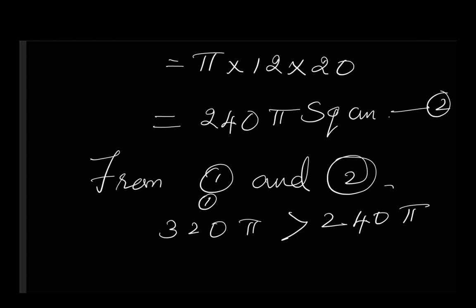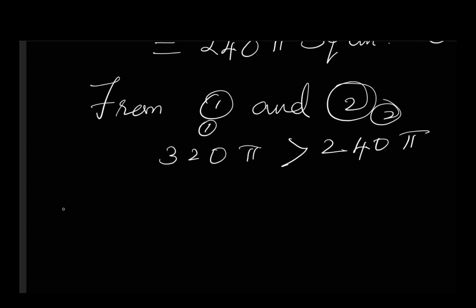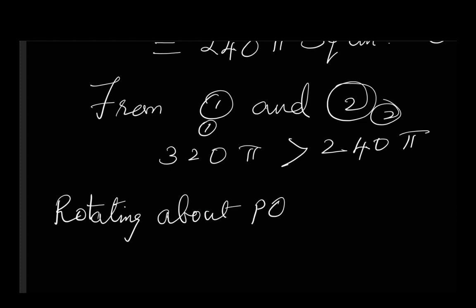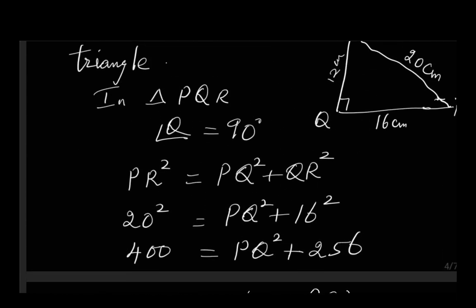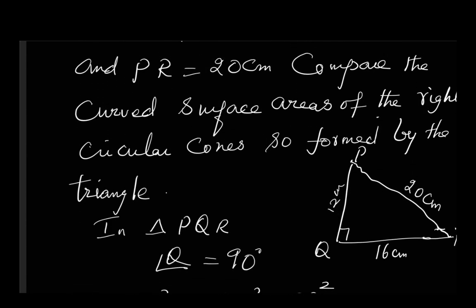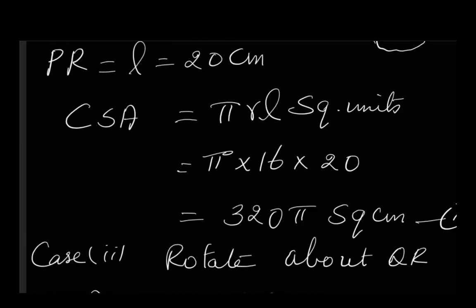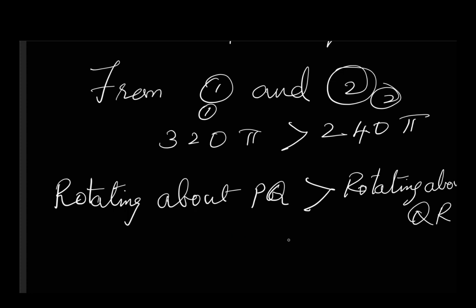Answer 1, rotating about PQ, is greater than answer 2, rotating about QR. So that is the question they ask you: compare the curved surface area of the circular cones so formed by the triangle. So this is the answer: rotating about PQ is greater than rotating about QR. Thank you.